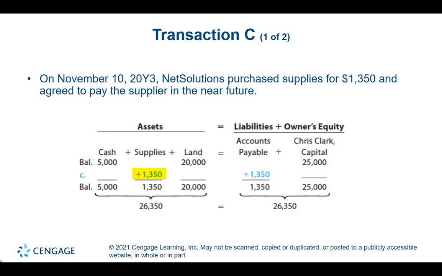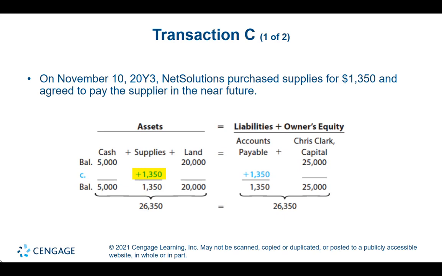What would be the other account? We always need to record to two or more accounts to follow the double entry accounting system. The other account we know is not cash, because cash is not being used to pay for supplies. Cash will be used to pay for supplies, but that's in the future. Right now, in this month of November, we need to record the obligation to pay in the future.